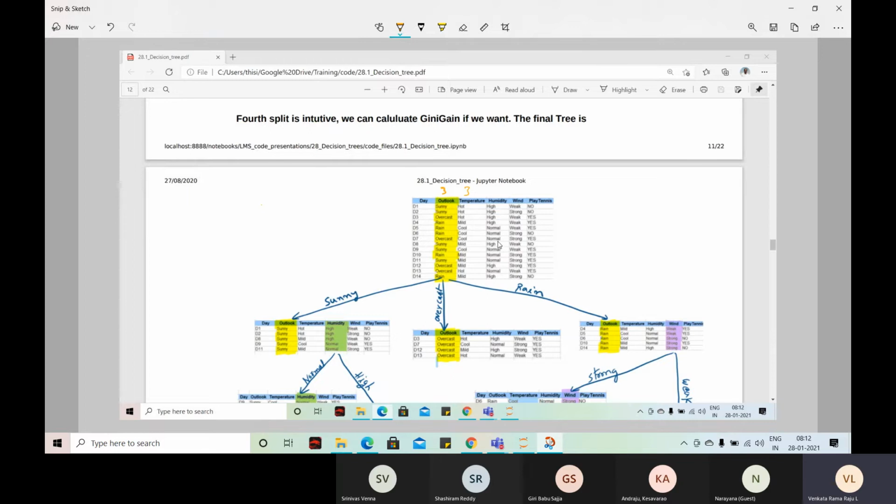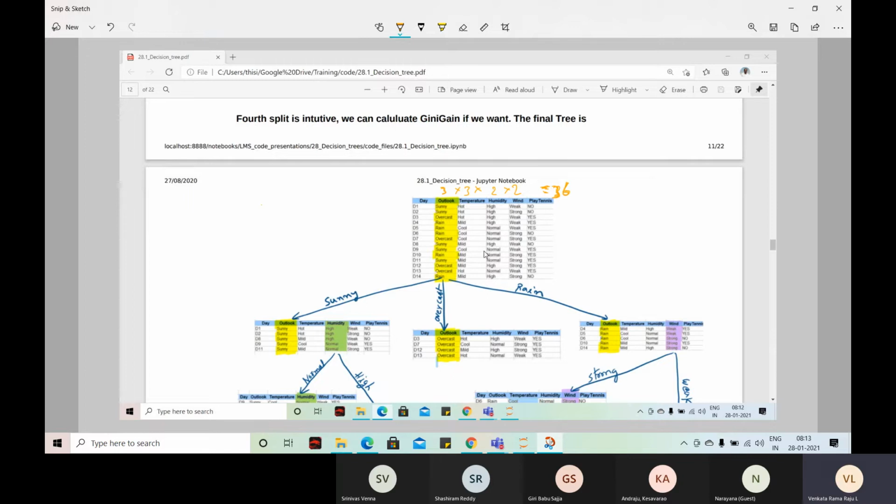The humidity, high, normal, 2 distinct values. And wind, weak, strong, 2 distinct values. So the total number of distinct records I can get is going to be 3 into 3 into 2 into 2, 36. 36 distinct combinations I can get.